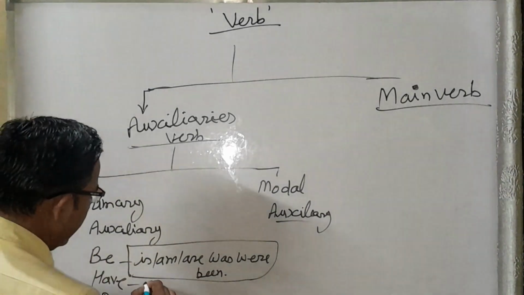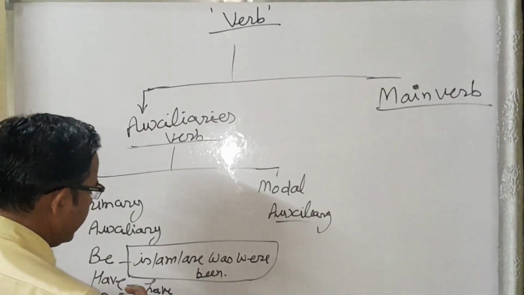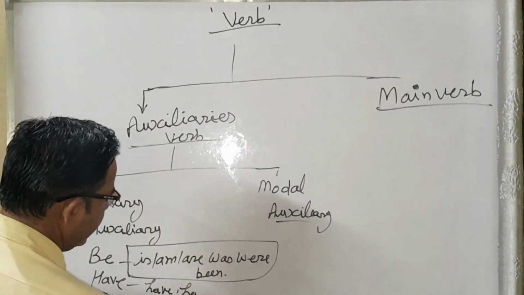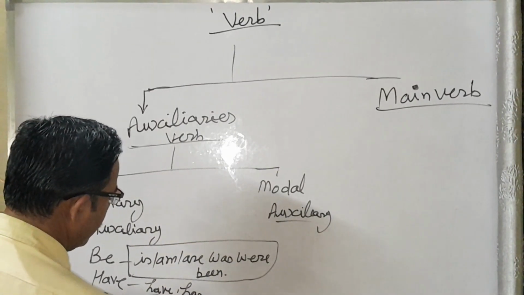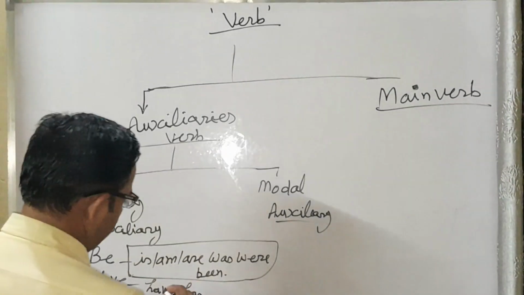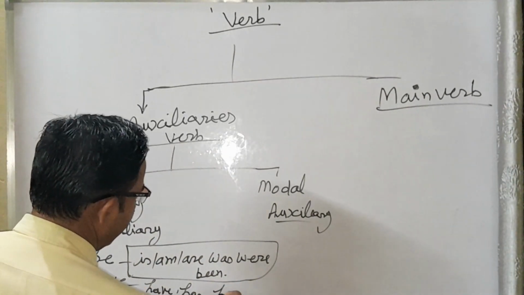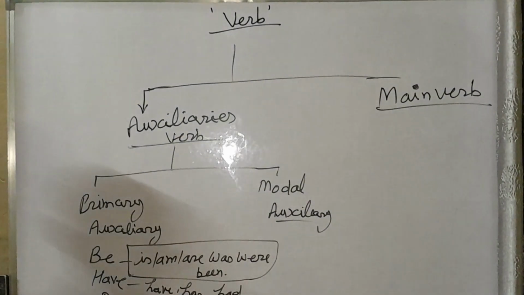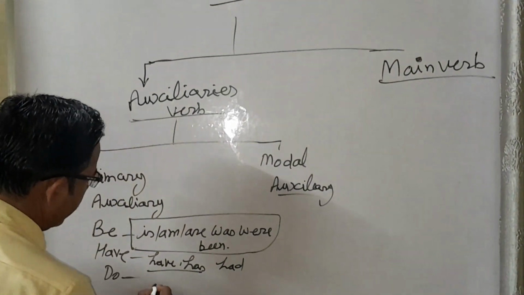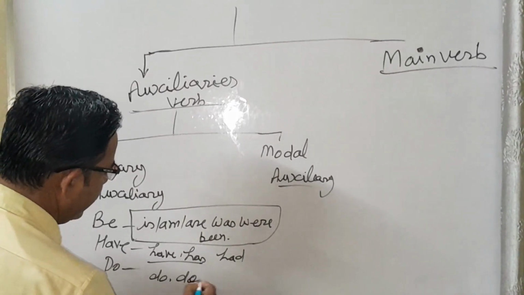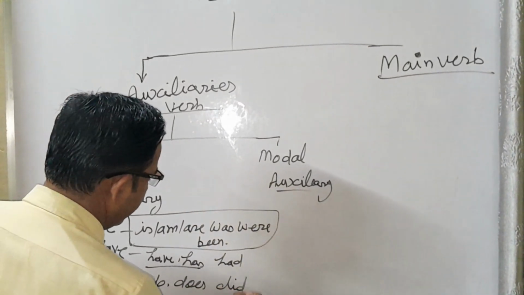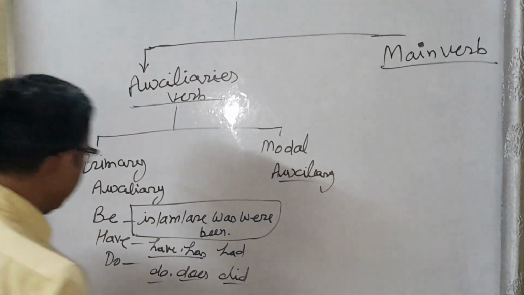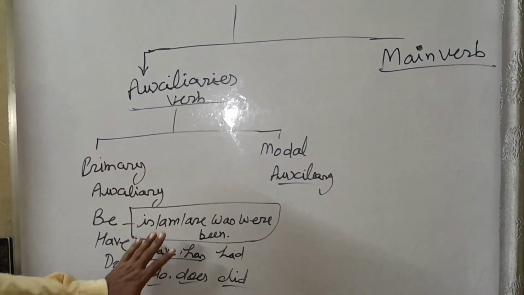And have itself is the base form. Has is another form used in the present. Both are used in present tenses, and had is also another form of have. And do, does, and did. All these are primary auxiliaries.